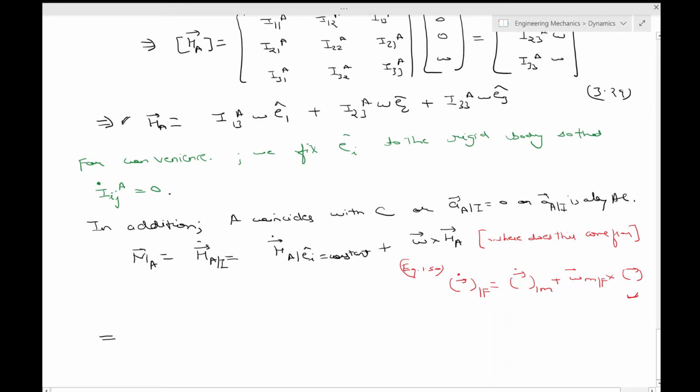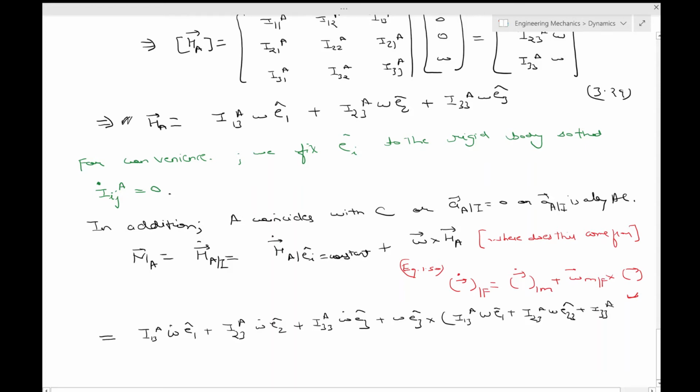So that should be I13 omega dot E1 hat plus I23A omega dot E2 hat plus I33A omega dot E3 hat plus omega E3 hat cross HA, where again I'll be writing this expression: I13 A omega E1 hat plus I23 A omega E2 hat plus I33 A omega E3 hat.